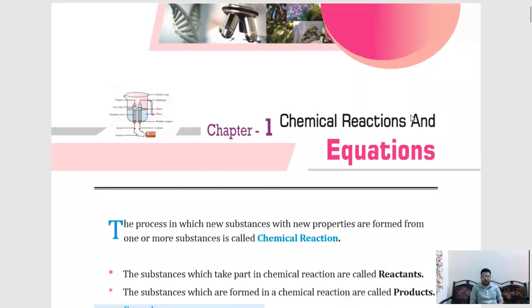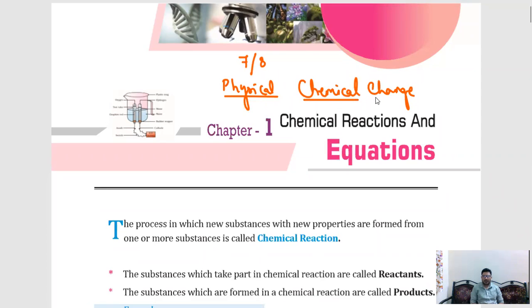In this chapter, in grade 7 or grade 8 you might have learnt about the difference between physical change and chemical change. A physical change is temporary, while a chemical change is permanent.